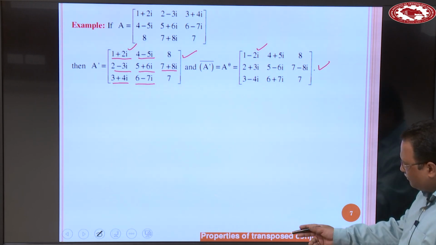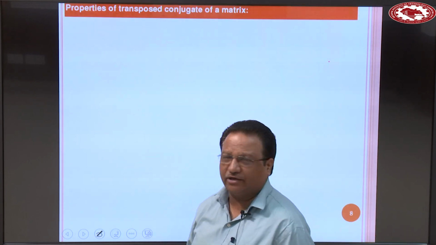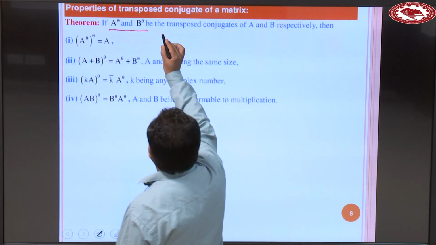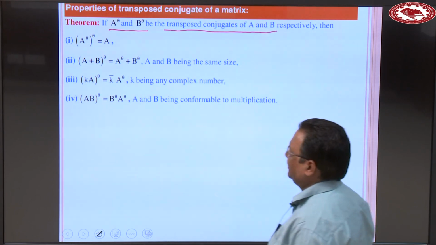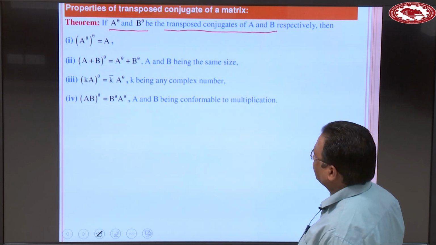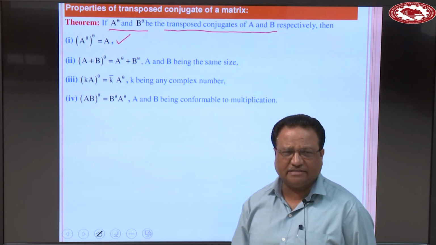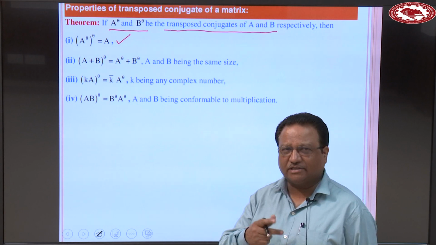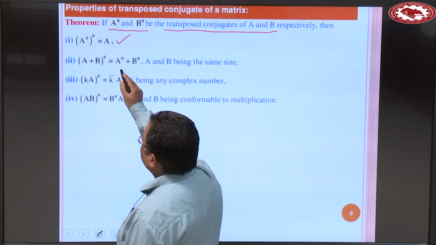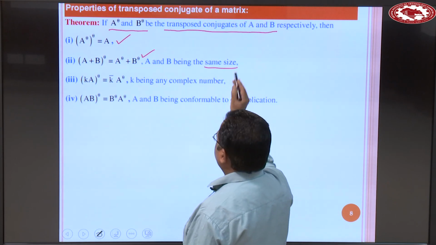And next, the properties of transposed conjugate of a matrix. We have 4 properties. If A theta and B theta be the transposed conjugate of A and B respectively, then A theta theta is equal to A. A theta theta means two times transpose, two times conjugate, so we obtain the same matrix A. Then (A plus B) theta is equal to A theta plus B theta, provided A and B are of the same size.